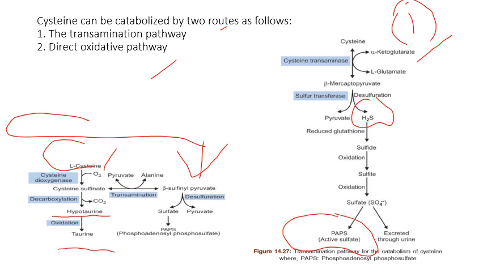That is one fate. Or else, cysteine sulfinate may undergo transamination and give rise to sulfite, and finally sulfate, which can be converted into active sulfate. So this is the overall fate of cysteine through the transamination pathway and the direct oxidation pathway.